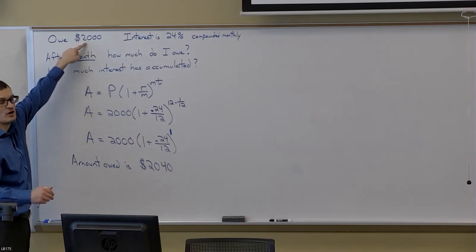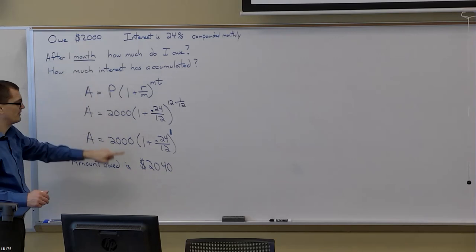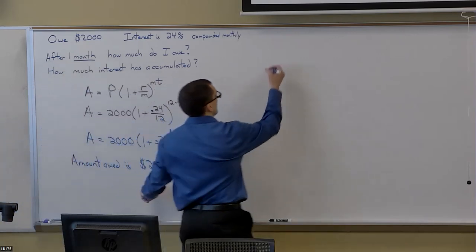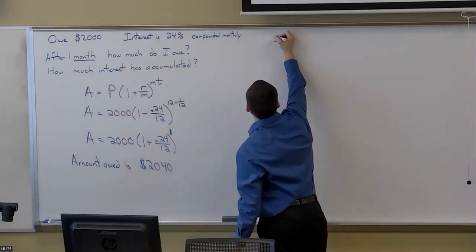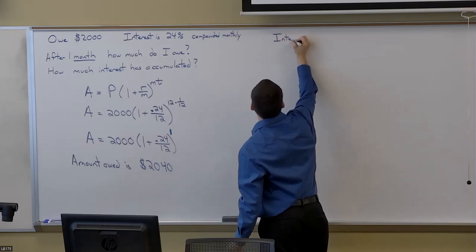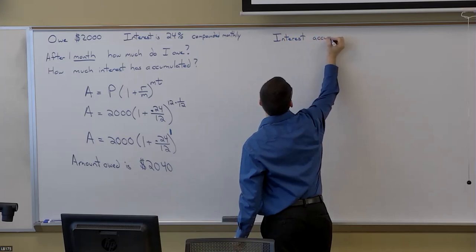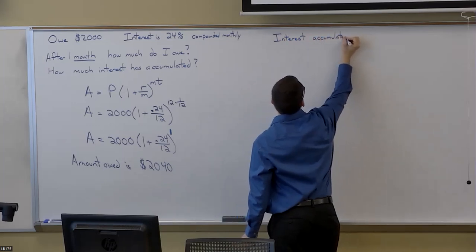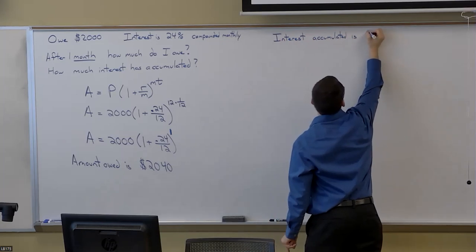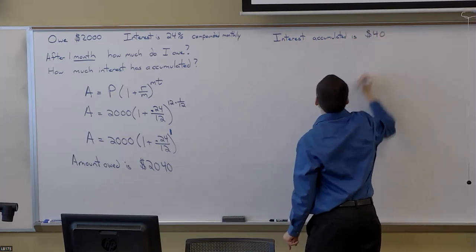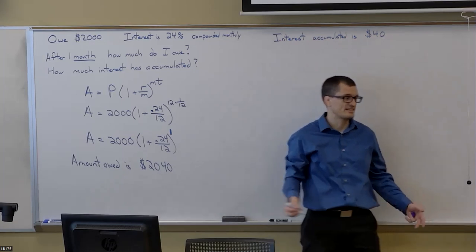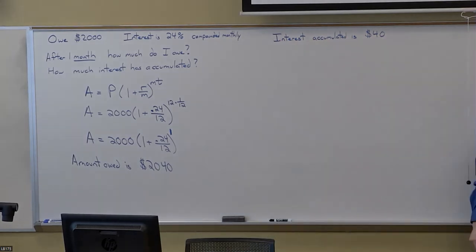Well, if I owe 2,000 to begin with, and now I owe 2,040, the interest accumulated is $40, right? It's like interest gained, interest accumulated. That makes sense? Not too crazy.